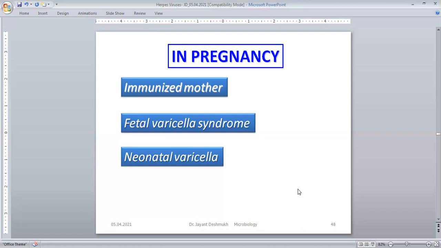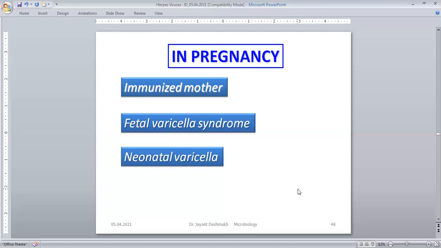Because when the mother gets the infection before that week, along with the virus, the mother transfers the antibody to the baby, and the antibody protects the baby from the virus. So the baby is mostly asymptomatic. But if the pregnant lady gets the infection 2 to 3 days before the delivery, the baby receives only the virus and not the antibody. So the baby develops generalized infection, myocarditis, encephalitis, pneumonitis, and the term is known as neonatal varicella.